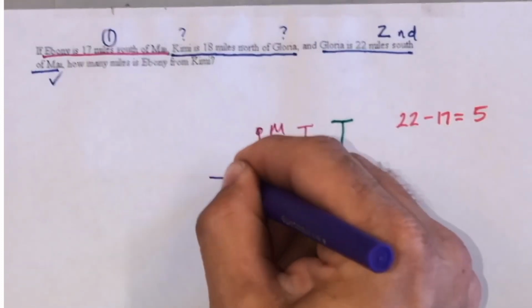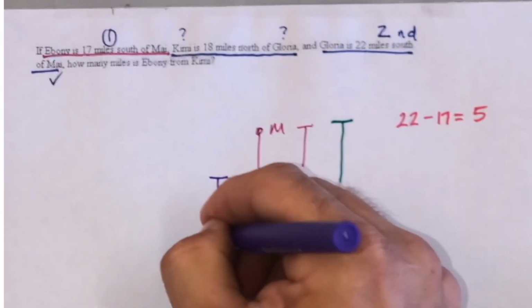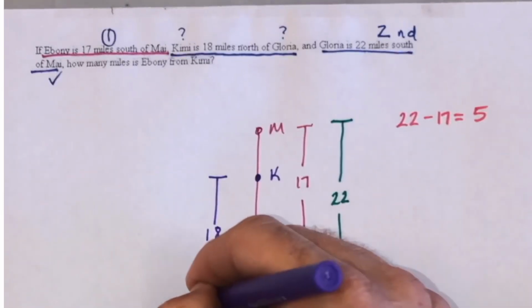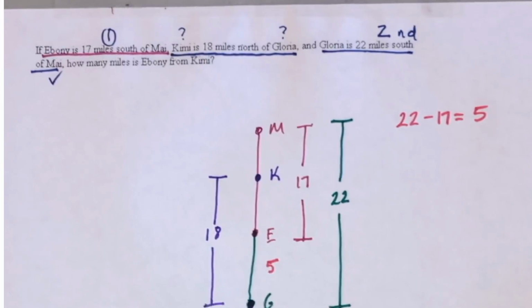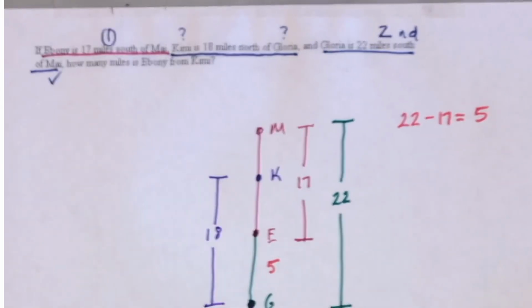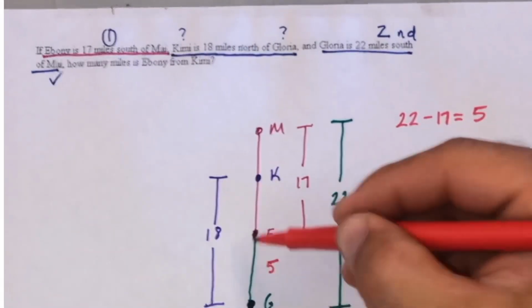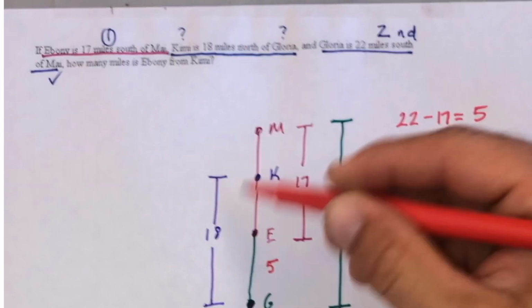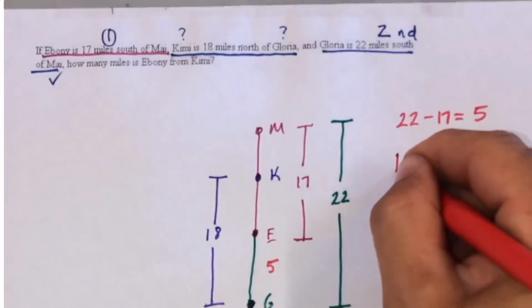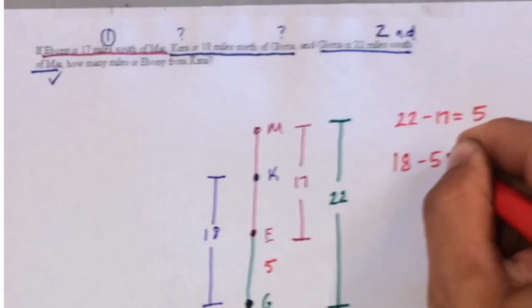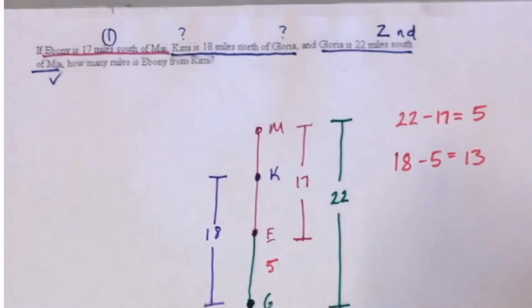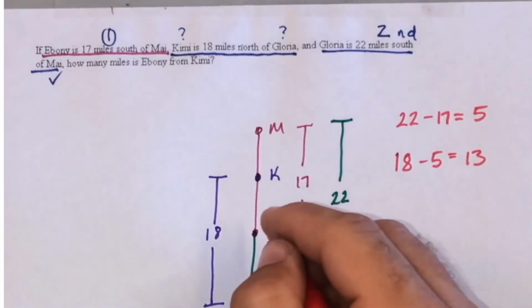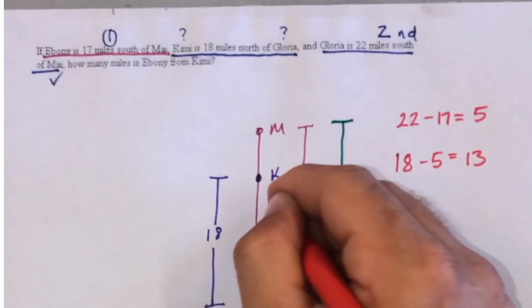So I know that Kimmy is 18 miles north of Gloria. Now that allows me to fill in another piece here. Since from Ebony to Gloria is 5, and from Kimmy to Gloria is 18, I could do 18 minus 5 and get 13. So I know from Kimmy to Ebony is 13.